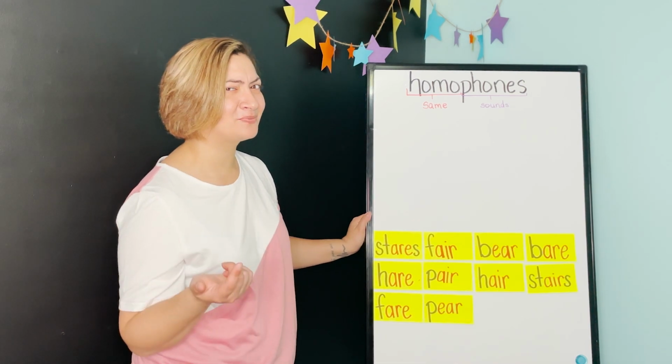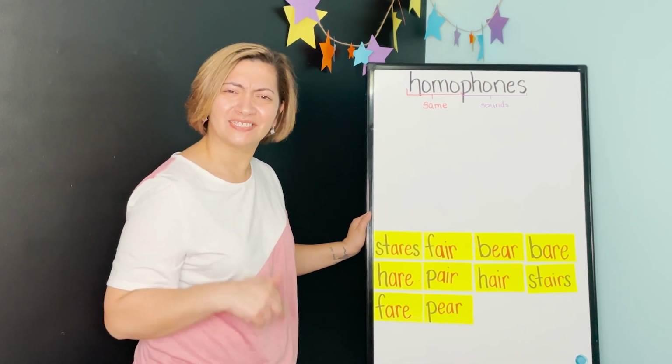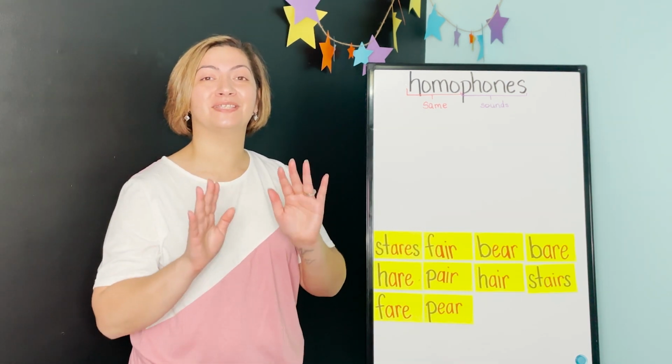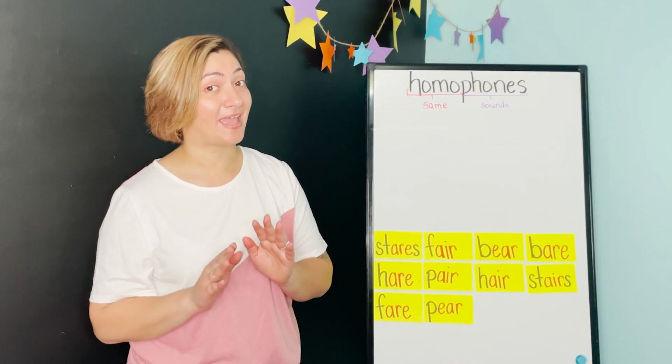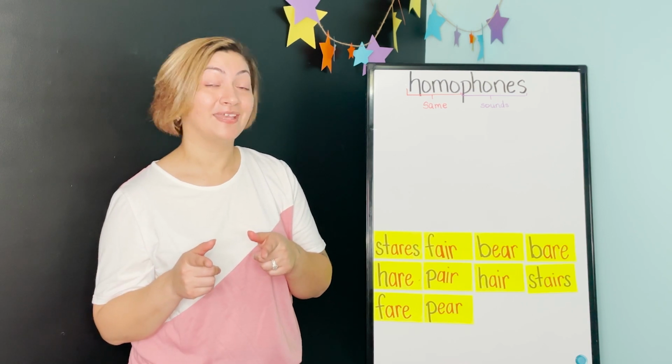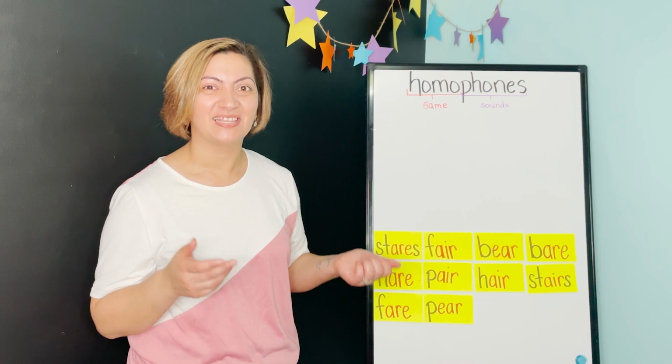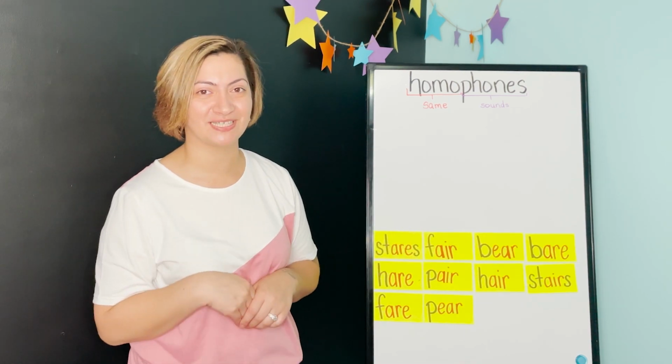Now, I know as we read through those, you're like, I just said that word, right? Because the words are pronounced the same way, but they have different meanings and possibly different spellings. Are you ready? Let's match up some of these homophones together.